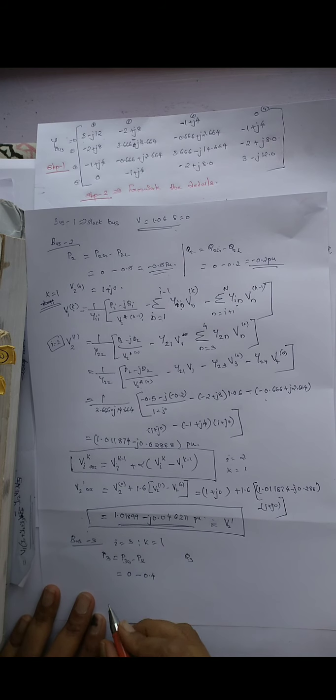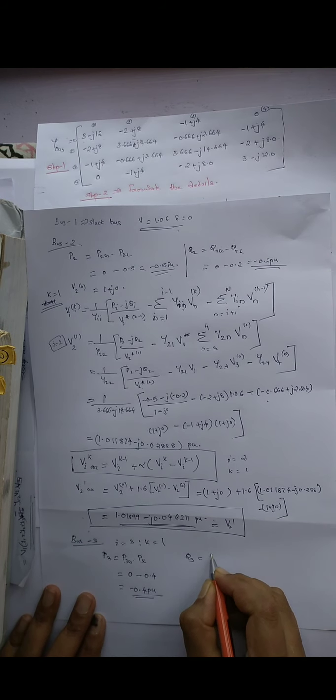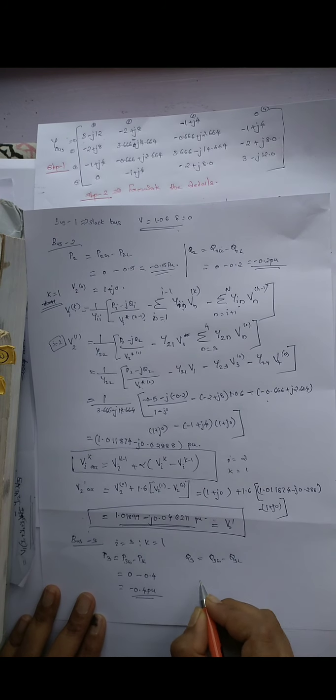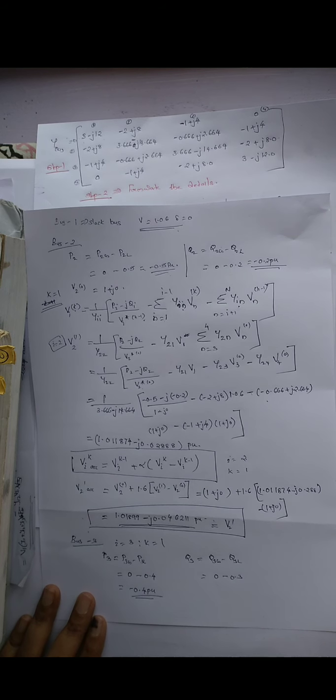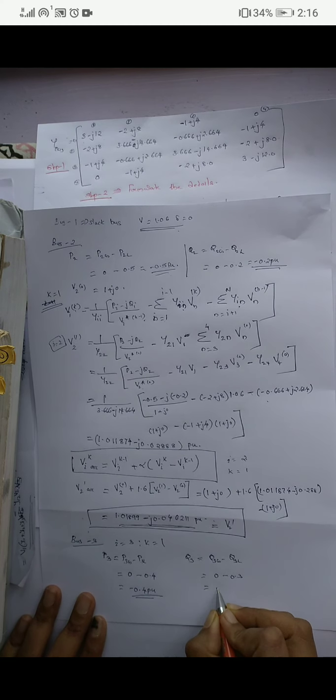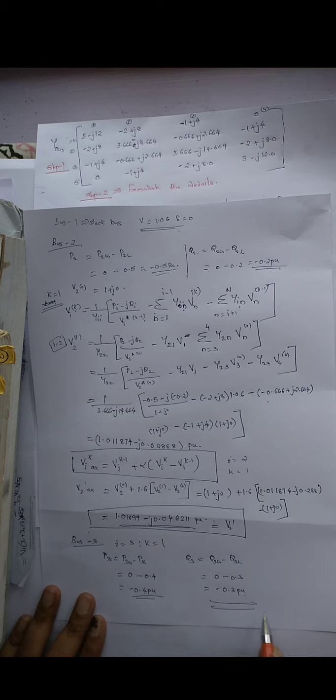So that is equal to minus 0.4 per unit, and Q3 is equal to Q3 generated minus Q3 load, that is equal to 0 minus 0.3, the value will be minus 0.3 per unit. So we got our P3 value and Q3 value.